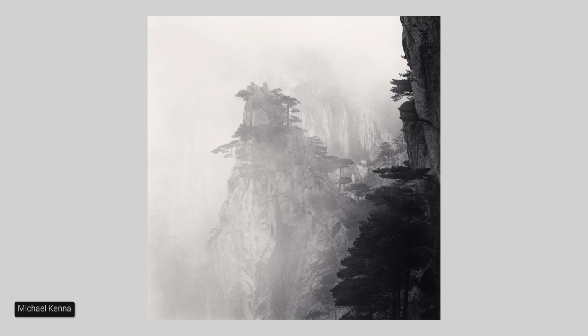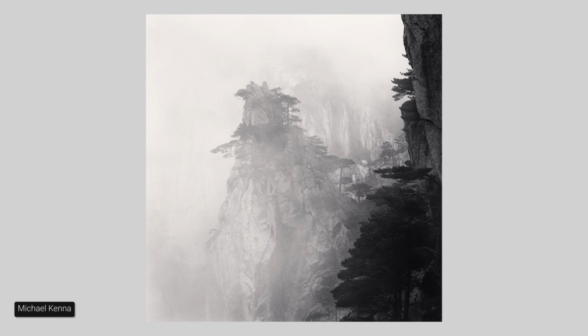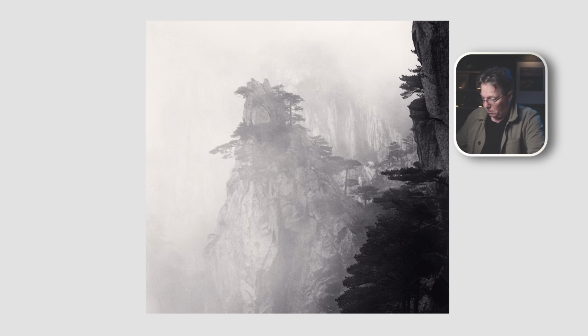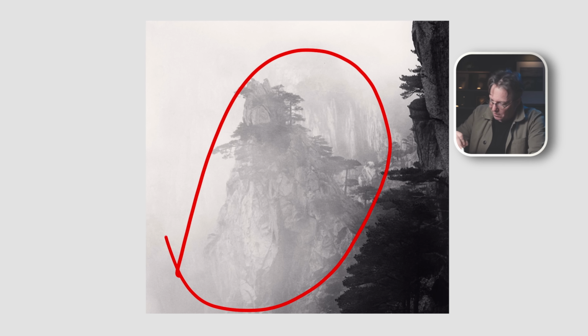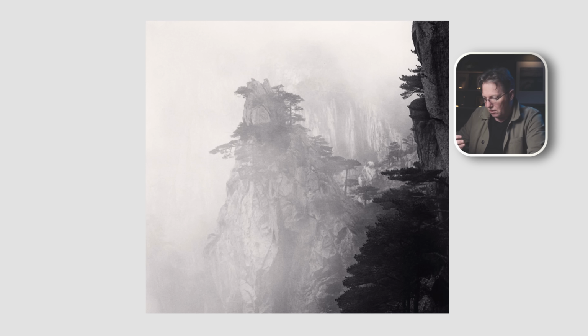There's a photograph of a similar sort of scene. This beautiful, I tell you what, China, Japan, the Far East. There's something about those landscapes, isn't it? They are ethereal. I don't know what it is, but look again here. This density, the mist on the mountain in the background.